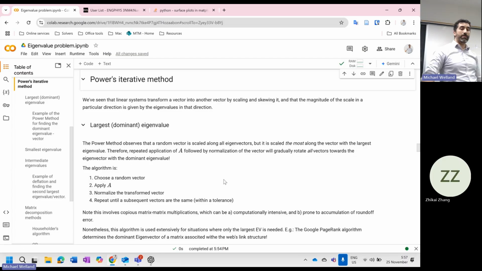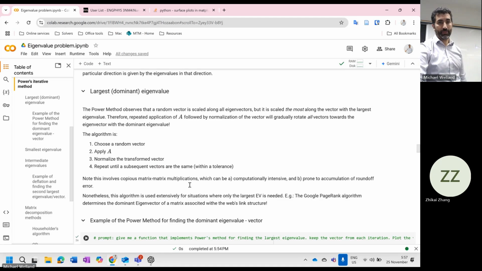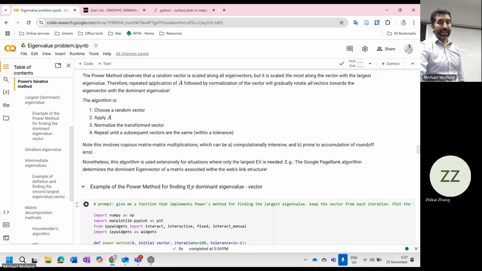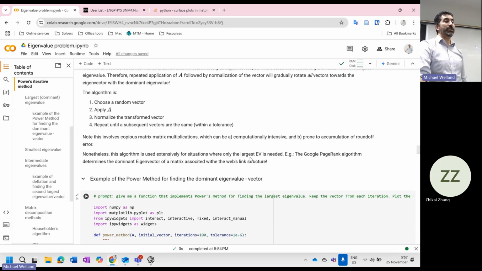You literally just keep applying A over and over again to any random vector, and it will naturally arrive at whatever the dominant eigenvalue is. It does, however, feature matrix multiplication because you're doing A times A times A times A times A, which means accumulation of round-off error and computational expense, because matrix products are expensive.